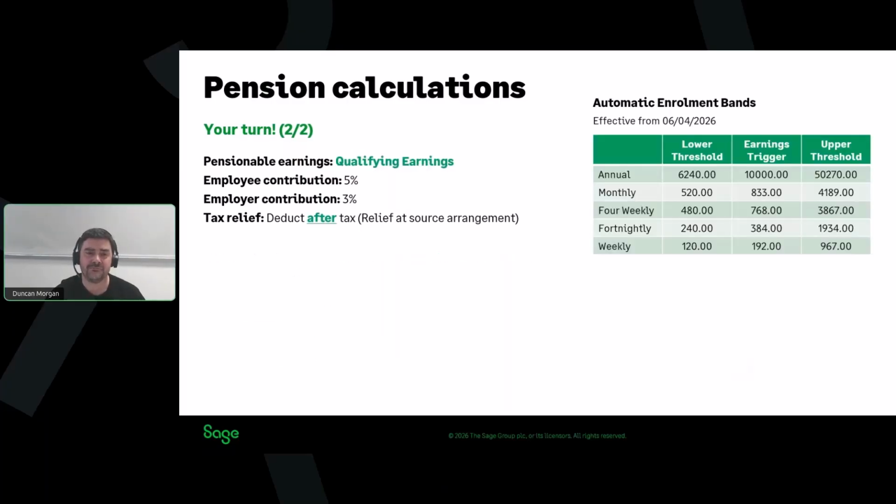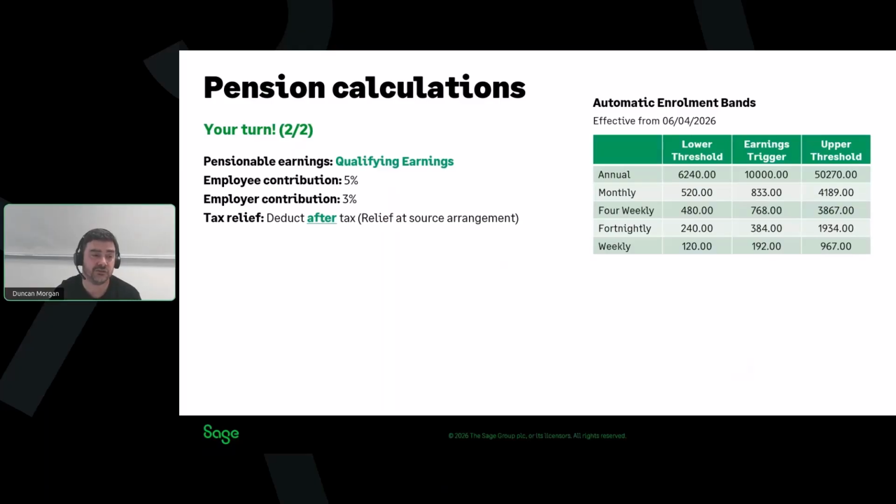Let's have a look at the second one, a little bit more involved in this calculation. So for the second one, we're using a pension scheme where pensionable earnings are qualifying earnings. So we've ticked the box to use qualifying earnings for pensionable pay. The employee contribution is 5%, the employer contribution is 3%, and the tax relief for the employee is that it's deducted after tax.